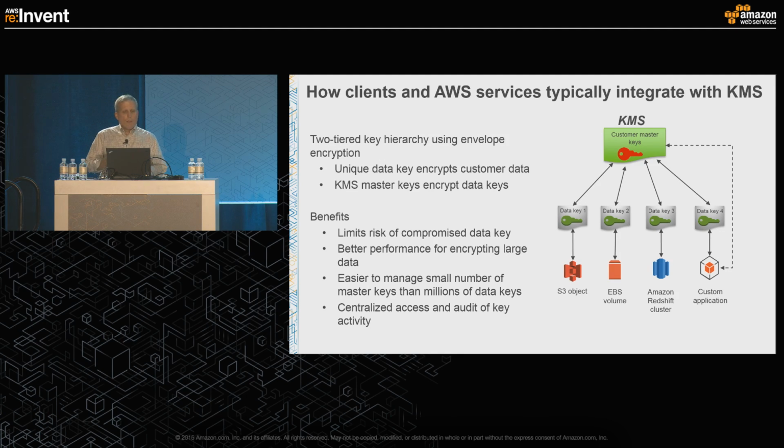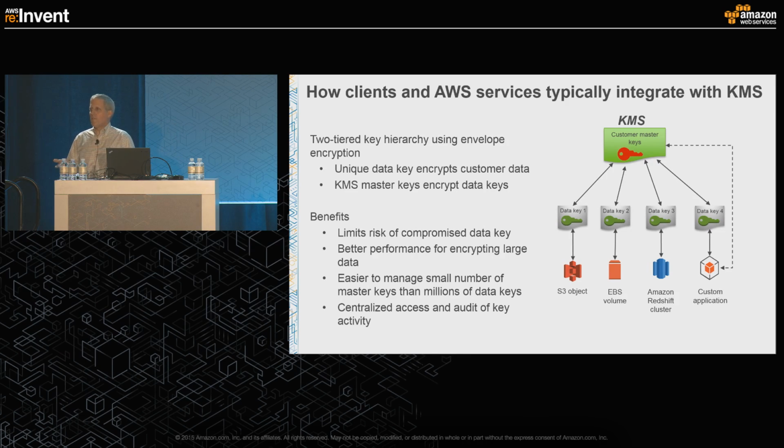That unique key is vended to the service to use to encrypt your data directly. But we also vend an encrypted copy of that key to the service, and it's encrypted under a key inside the Key Management Service that you control. The important thing to remember is that the keys in KMS, the red key, if you will, in this model, you think of it as a master key.